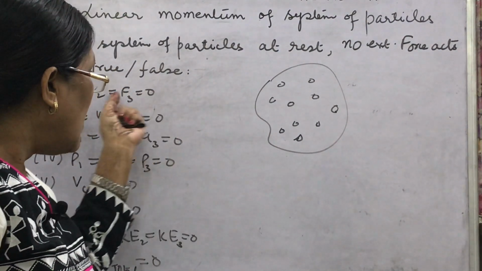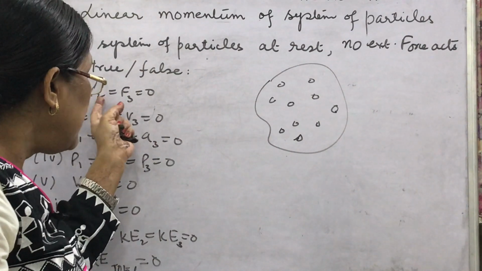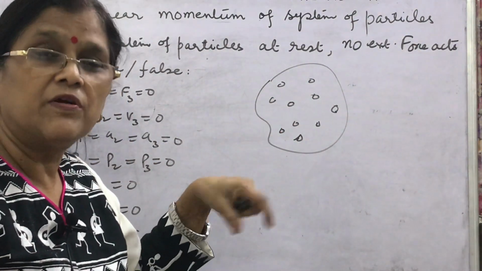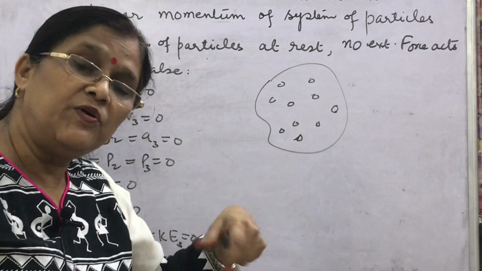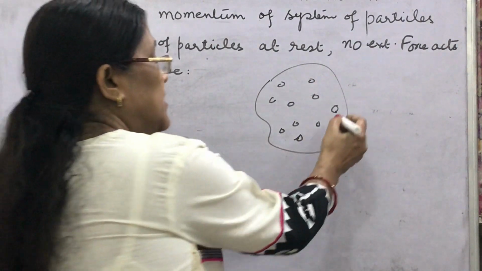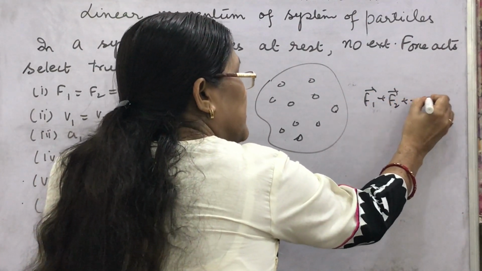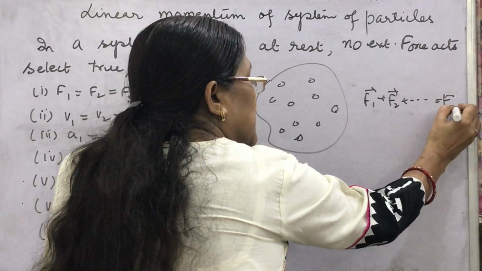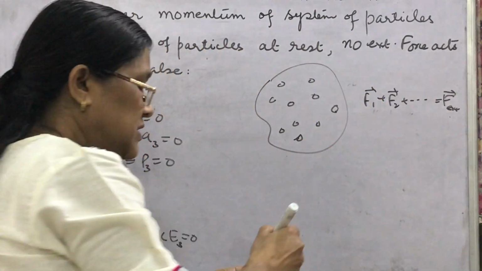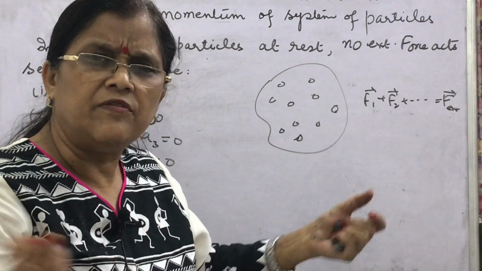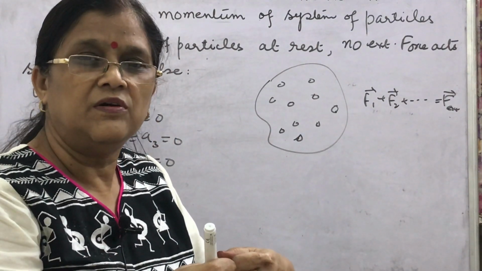How will you select F1, F2, F3, the forces on individual particles? What you have read is that F external is F1 plus F2 plus F3, the vector sum. Vector sum means that F1, F2, F3 up to Fn may have any value, but their resultant will be 0.